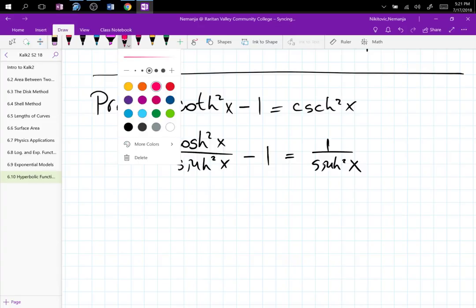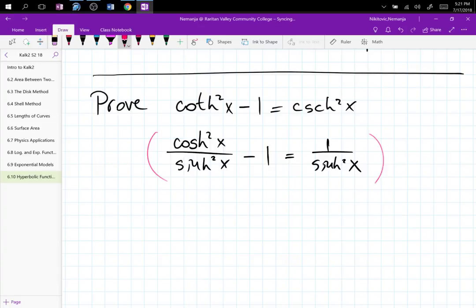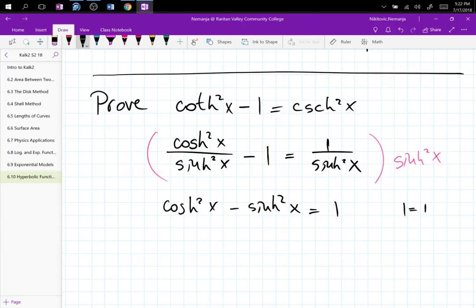Multiply the entire equation by sine hyperbolic squared x, and that gets us to cosine hyperbolic squared x minus sine hyperbolic squared x is equal to 1. That's an already established identity, so technically you are done if you write 1 equals 1. But okay, let's not be cheap, all right?